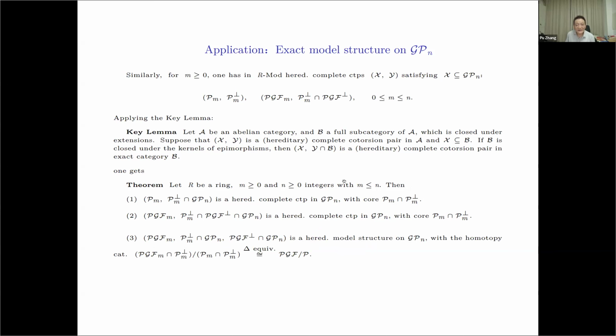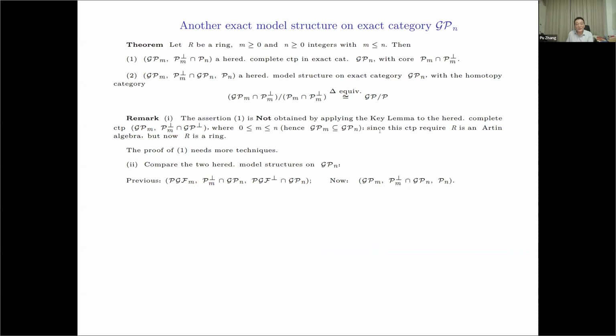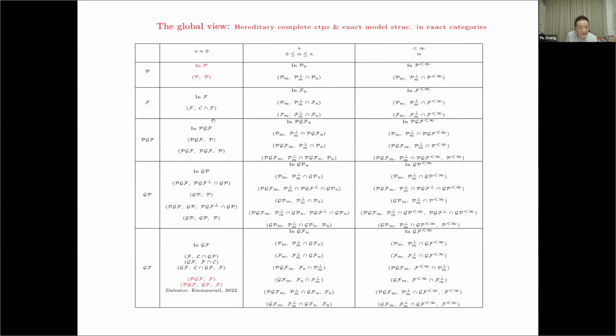But now we see another model structure on GP_N. This is for any M and N with M smaller than N. Then we say this is GP(M), and this is a hereditary complete cotorsion pair in GP_N with the intersection being this. And this gives a Hovey triple. Yeah, this gives the Hovey triple.